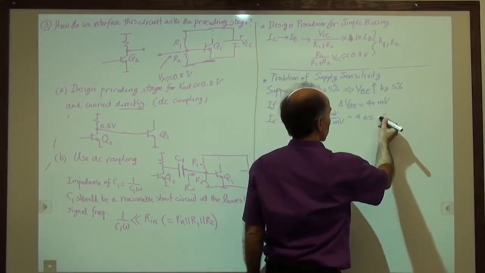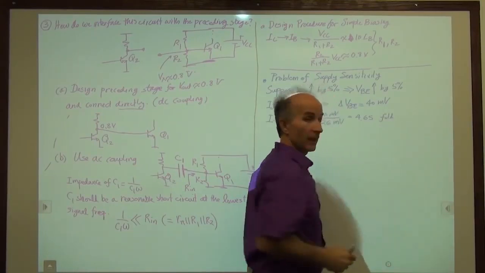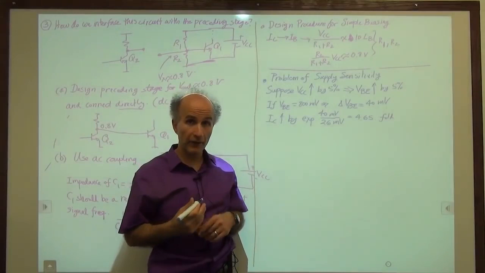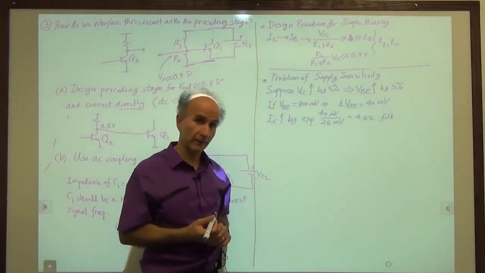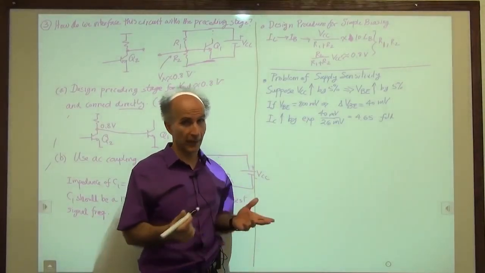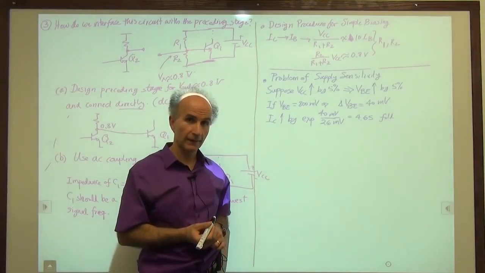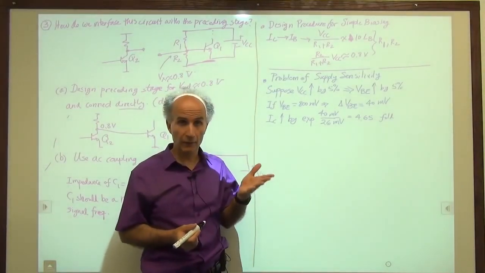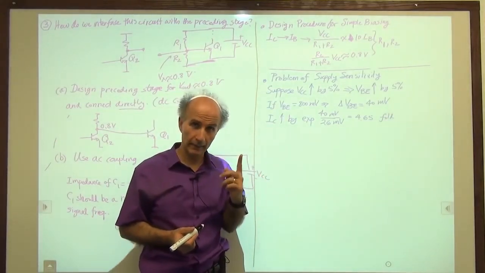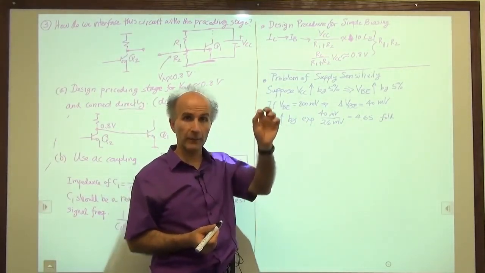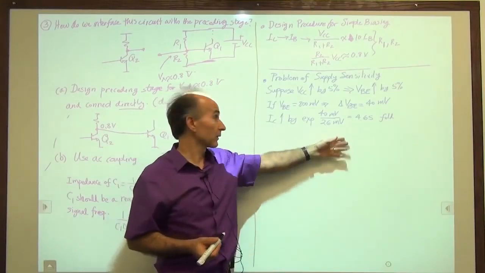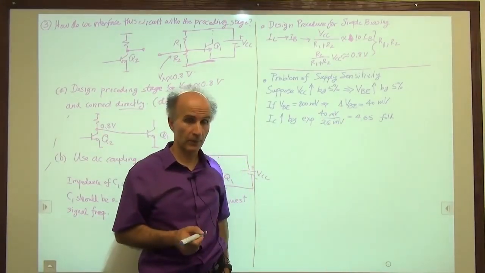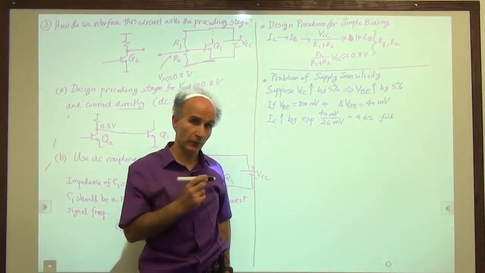So I will write fold here so that you remember this is a multiplication factor. The collector current goes up by a factor of 4.6, 4.7. That's huge, right? We can't tolerate that. So that's a problem. We designed the circuit, let's say, for a collector bias current of 1 milliamp, but when the supply went up by 5%, suddenly the collector current jumped to 4.65 milliamps. So that is a serious problem. And the question is, how do we fix that?